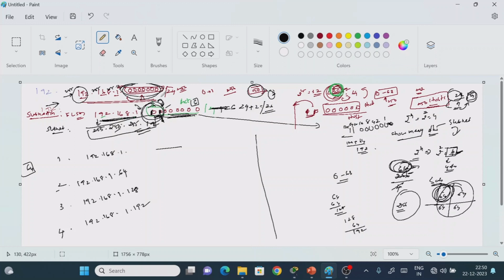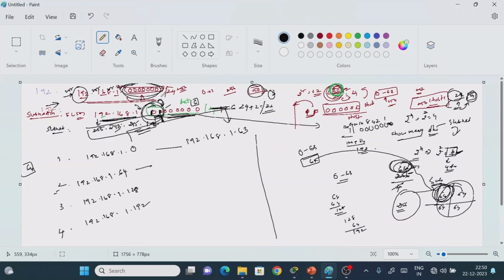Now see that the first subnet size is 64, right? The second subnet is starting from 64. It means that the first subnet should be ending where? At 63. So 0 to 63: starting will be 0, ending will be 63. So 0 to 63 means you will get 64 IP addresses, right? So the first subnet is completed.